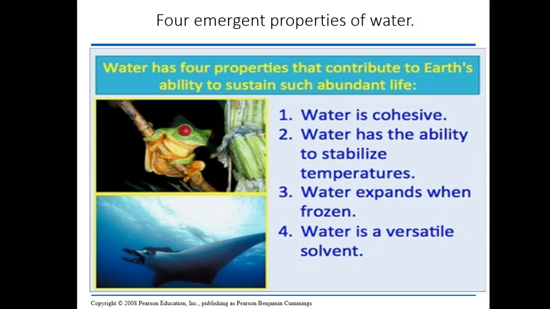The four emergent properties, and remember we do like lists, because lists are highly testable in a multiple choice or true-false question. In some form or another, it may not be in this particular arrangement, but water is cohesive. We'll talk about what cohesive is. It also has an adherent property, adhesion, and that's because of the hydrogen bonds.